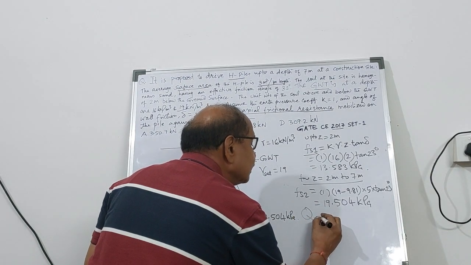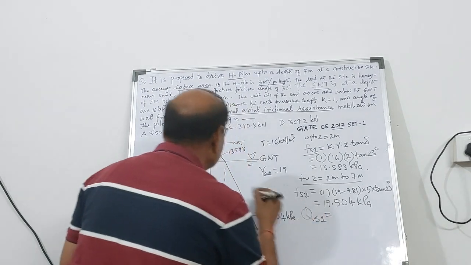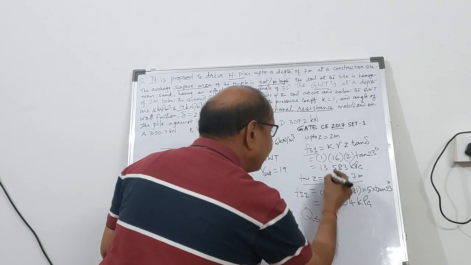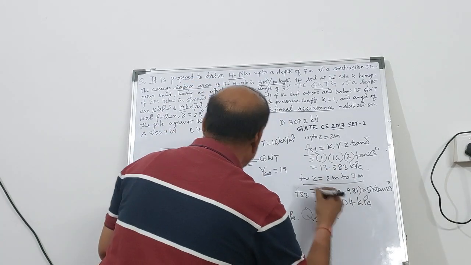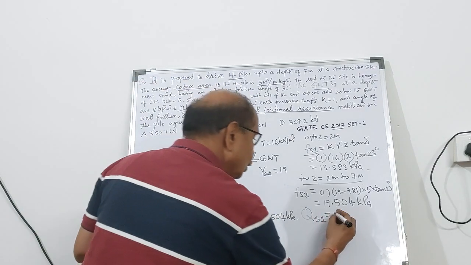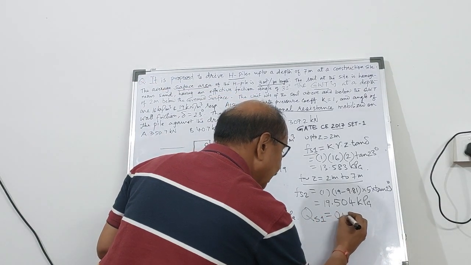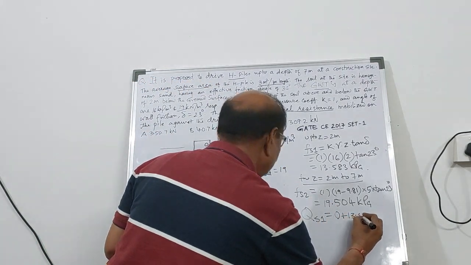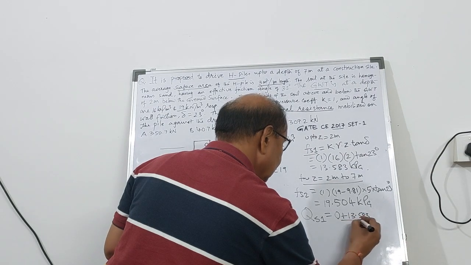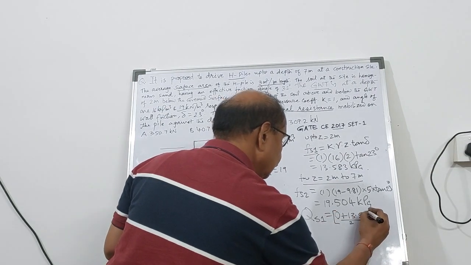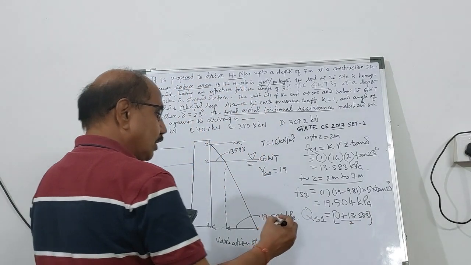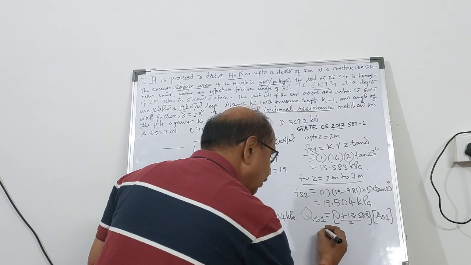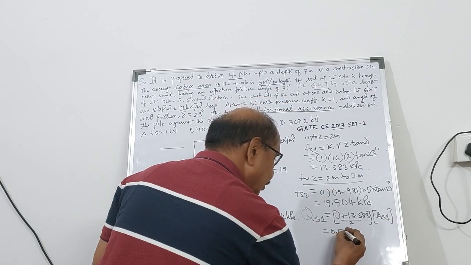Now, to find out the total load transfer through skin friction, we will have to find the load transferred through skin friction in zone 1, that is up to 2 meter. So it will be Fs1 varying from 0 to 13.583, so 0 plus 13.583 divided by 2, multiplied by AS1, the shaft area. Now what is the shaft area?